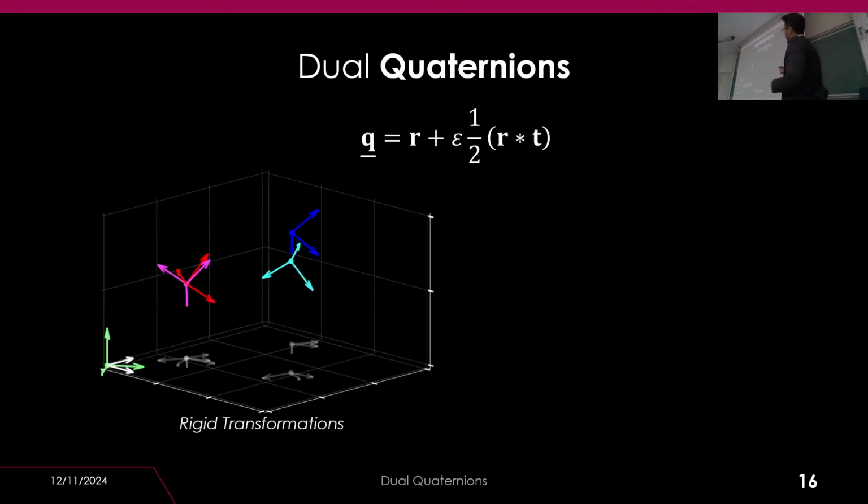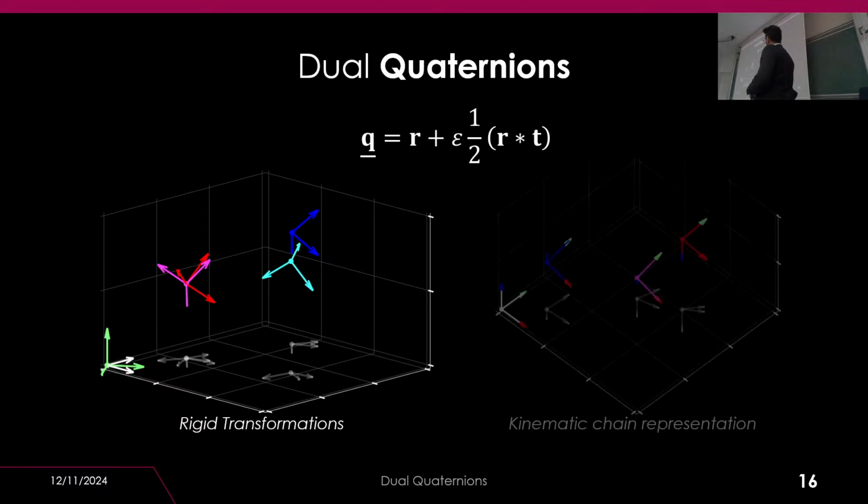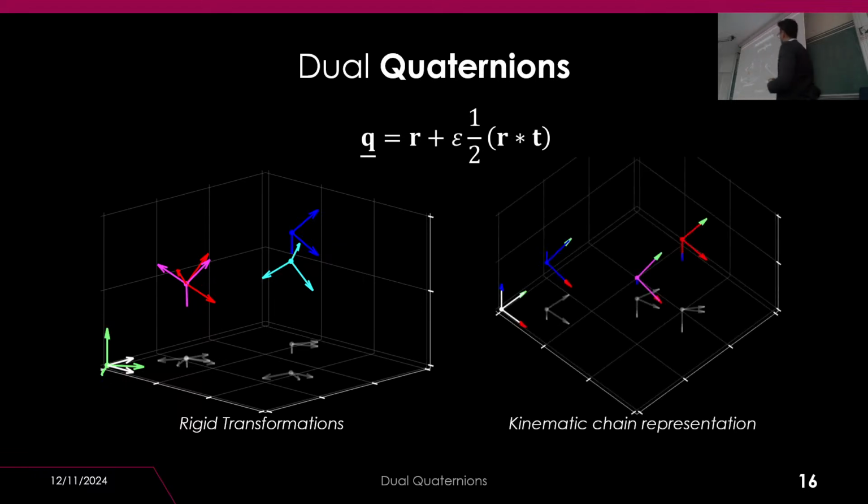This is useful for applying rigid transformations by simply chain multiplying dual quaternions. And we may also represent kinematic chains by chaining multiplications of the dual quaternions, which represent the states of the joints within a kinematic chain, so, describing effectively the kinematic chain.